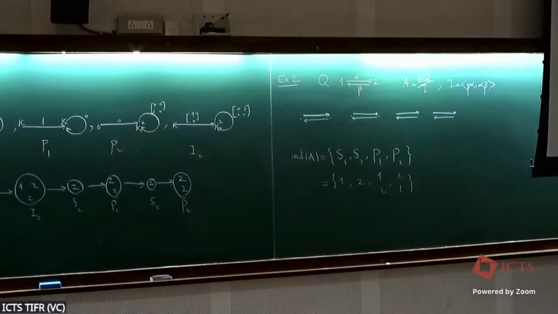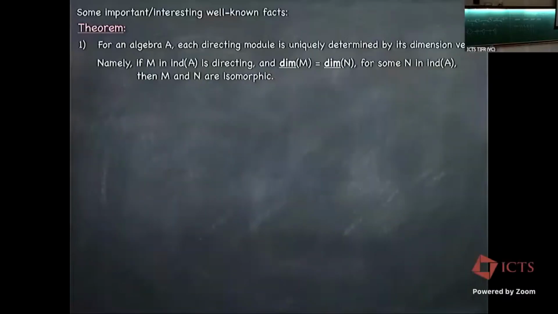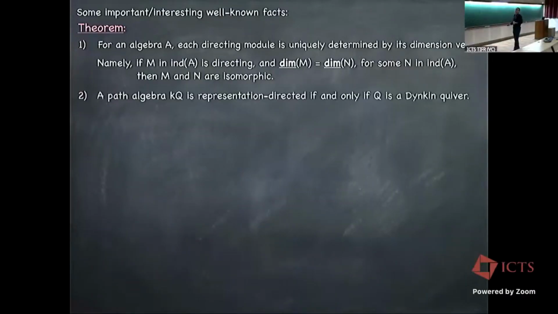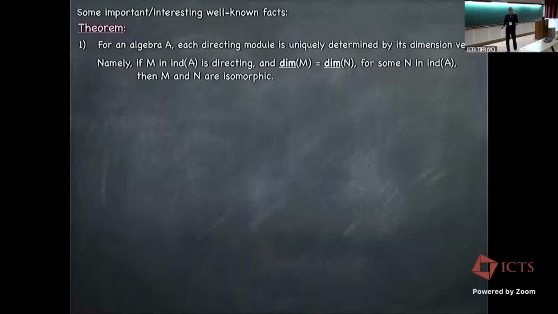So, what is good about representation directed or directing modules? Good catch. Yes. For an algebra, each directing module is uniquely determined by its dimension vector.